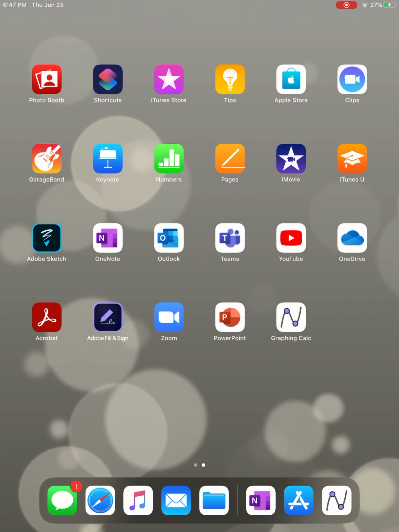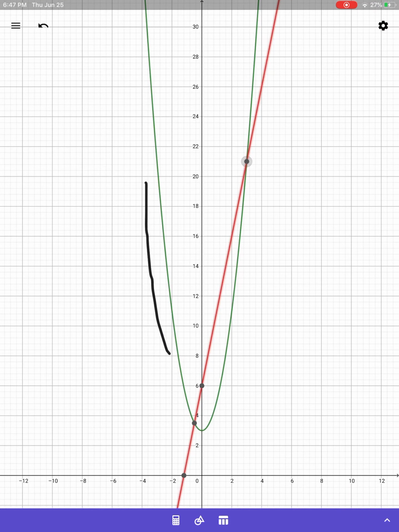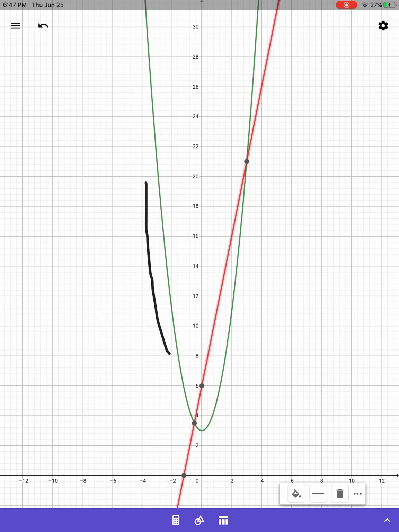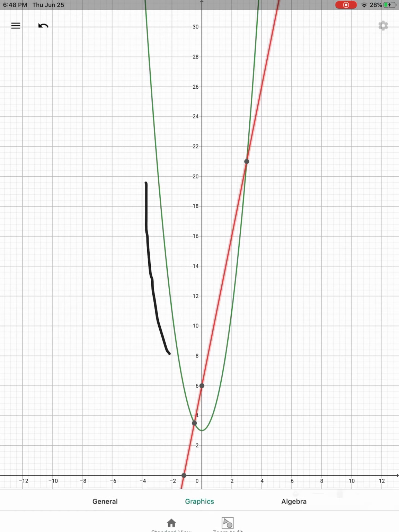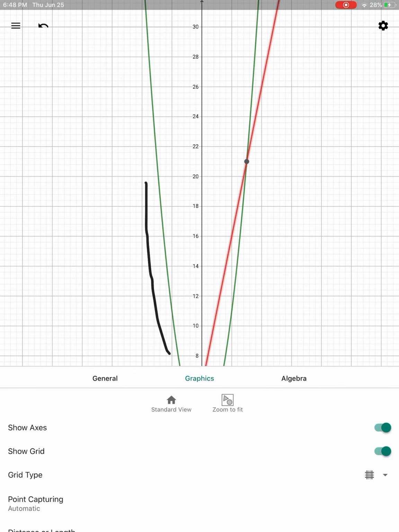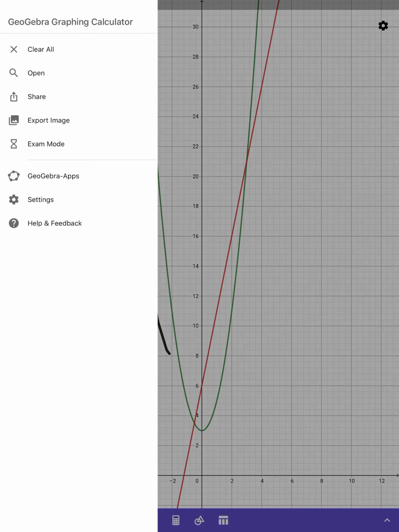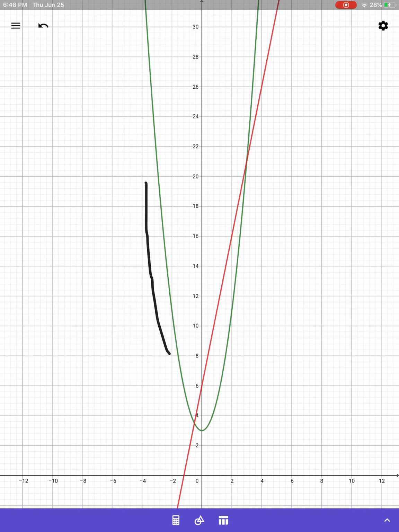I have sent out an email giving you the name of the calculator, the GeoGebra graphing calculator. You can use that as an app as well as online in the website, and plot graphs.